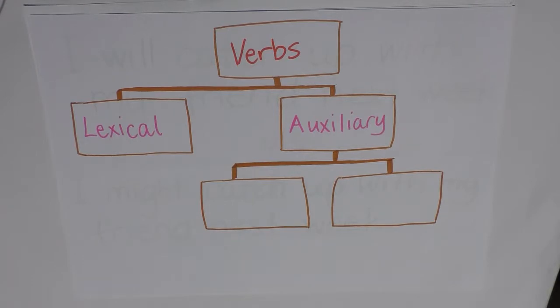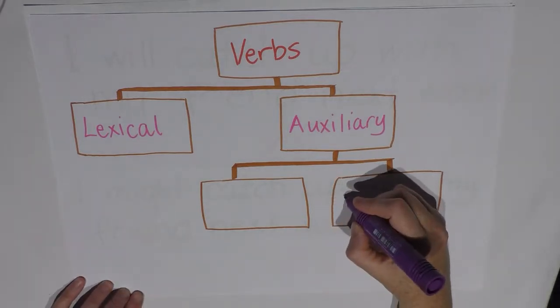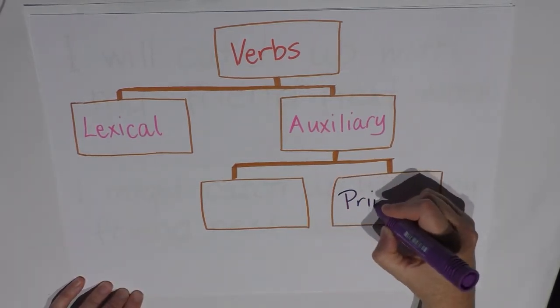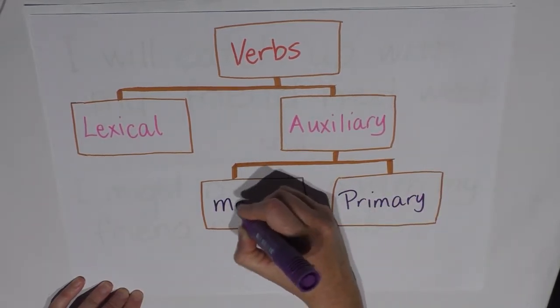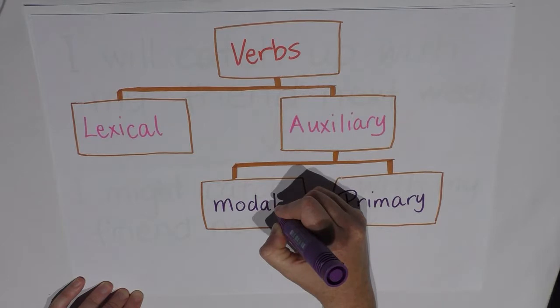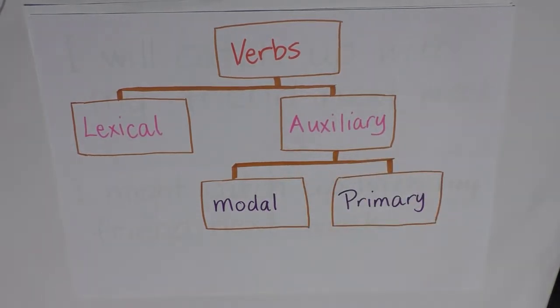And these auxiliary verbs can be further broken down into primary auxiliary verbs and modal auxiliary verbs. So we'll begin now by talking about the modal auxiliary verb.